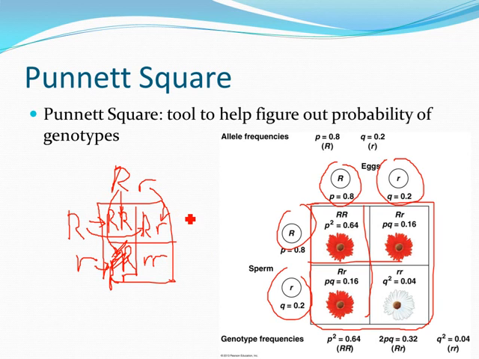So how many children will have a genotype of... Sorry, what's the probability of having a child that has the genotype of a homozygous dominant? 1 out of 4, right? 1 out of 4 children, 25% of the children, right? Because there's 1 out of the 4 genotypical children that you'll have.